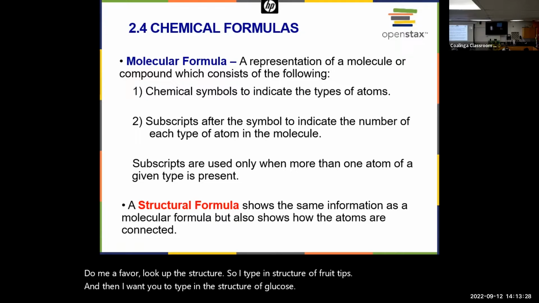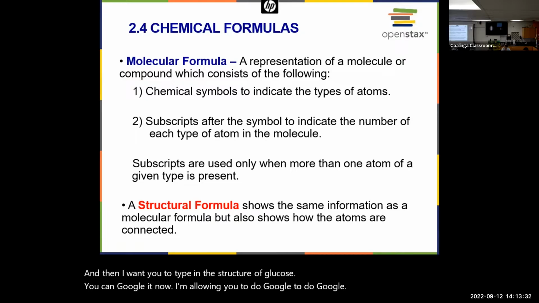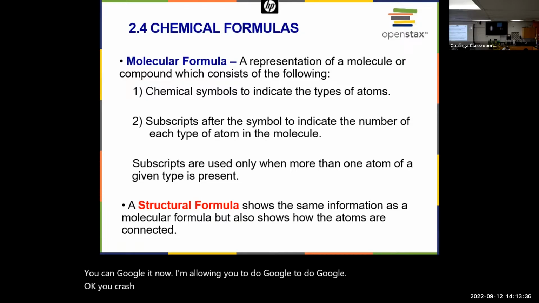You can Google it now, I'm allowing you to. Did it crash on you? Oh, yeah, no. Are they the same? You want to put money on that? Look at the structure. Find the structure.